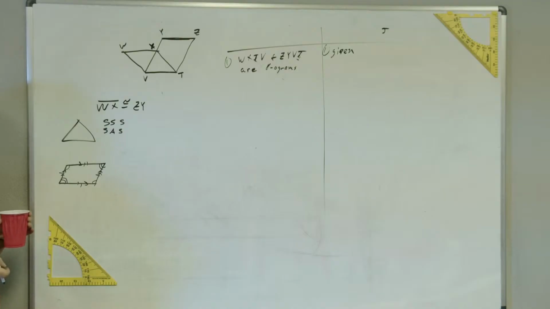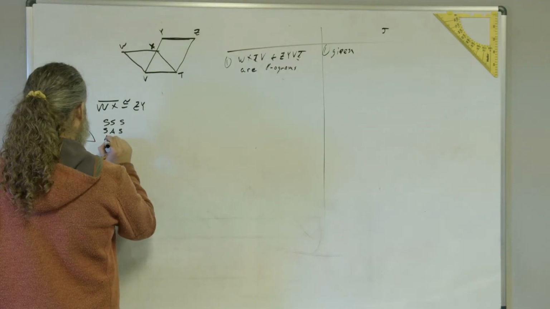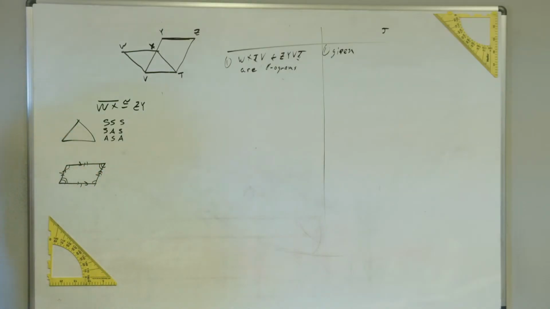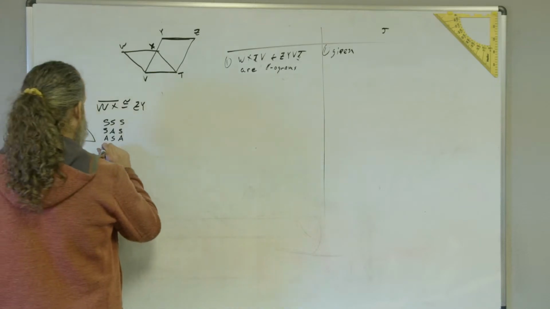Yeah, but that's supposed to help you remember. So what are the other ways we can combine the letters that isn't that one? ASA. Angle, side, angle. True enough. One more way you could combine those letters. Angle, angle, side.